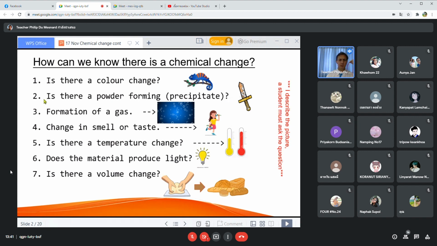Can you please read the question? Is there a powder forming, or precipitates?